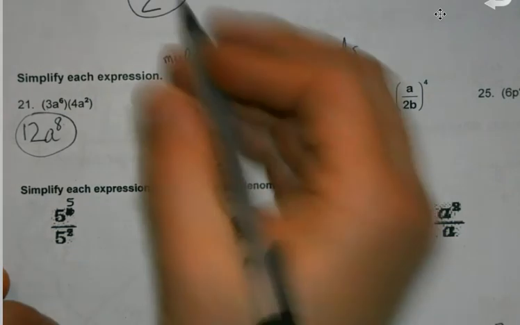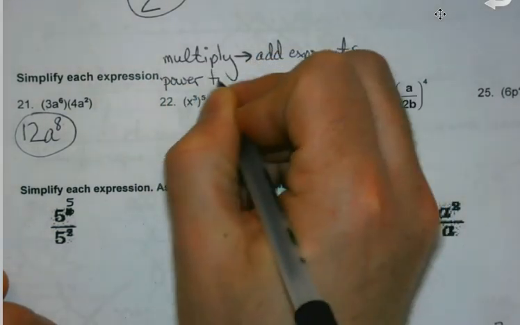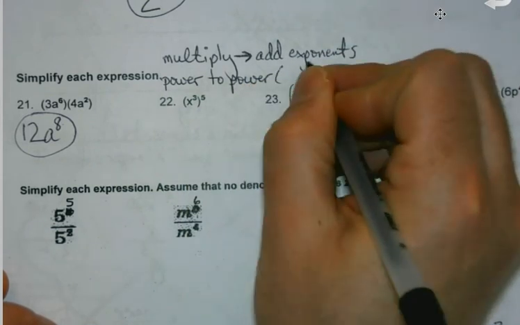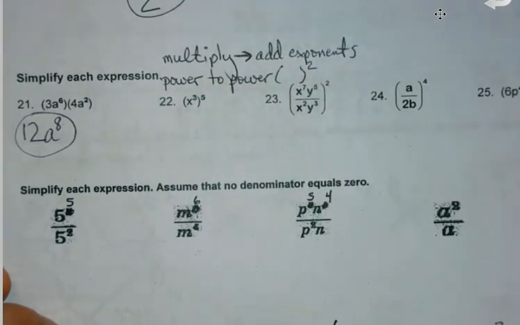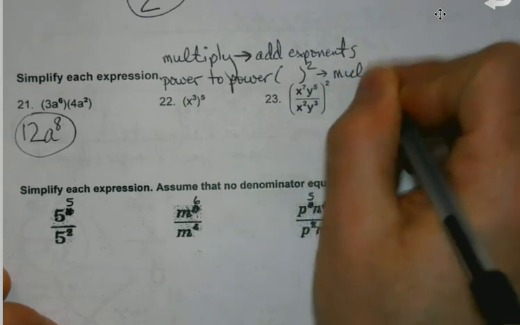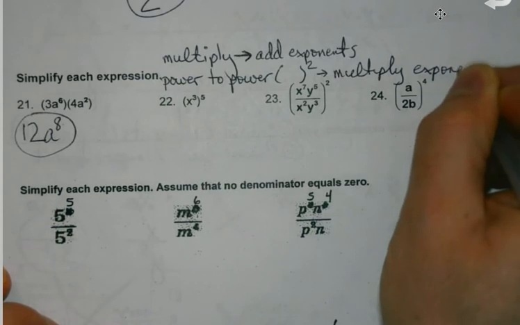If I have what's called power to power, which just means there's a parentheses with an exponent outside. Yep, we're going to multiply the exponents.